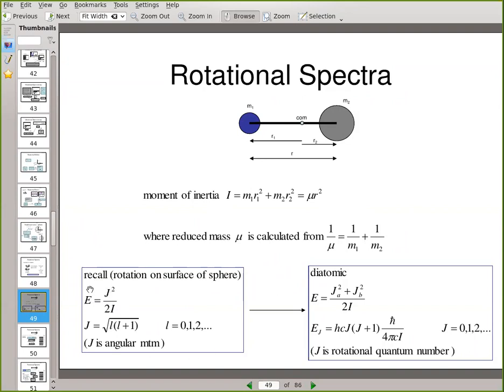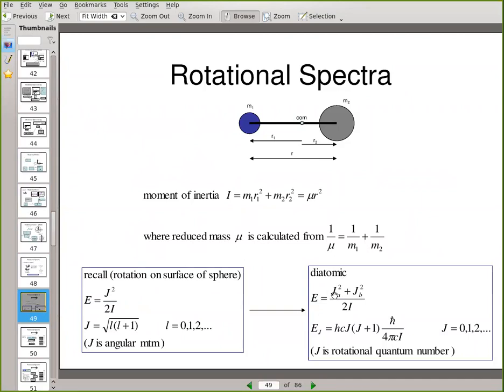Don't forget the energy expression I've asked you to remember: the angular momentum, the moment of inertia, and the energy levels that you have. For a diatomic system, we've got very little changes that we have to make to that.